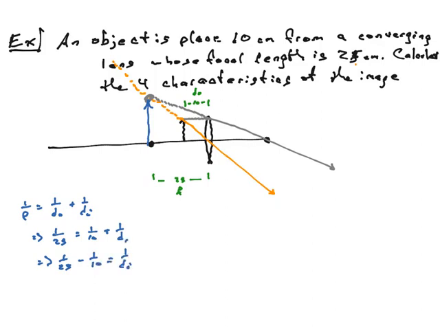All right, 1 over 25 minus 1 over 10. 50 is the common denominator, so 2 over 50 minus 5 over 50 is negative 3 over 50 equals 1 over di. So di must be negative 50 over 3.